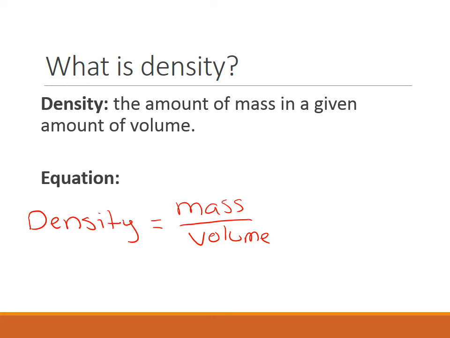We can abbreviate this as D equals M over V. Your mass is usually in grams, and your volume is usually in milliliters. We usually use this equation right here: D equals M over V.